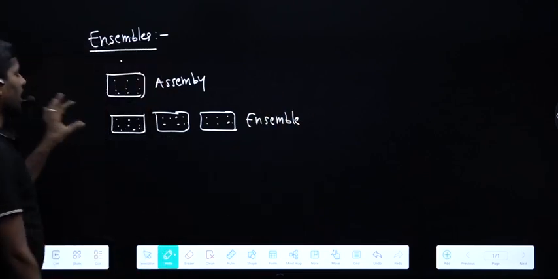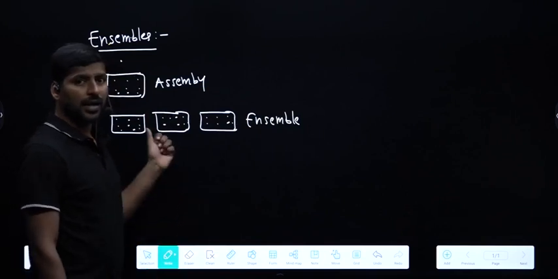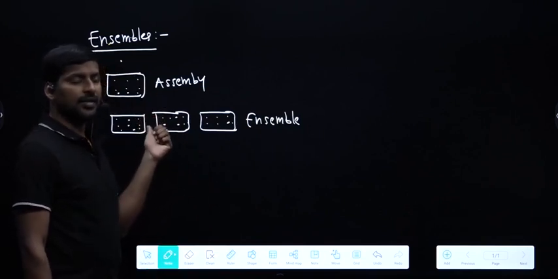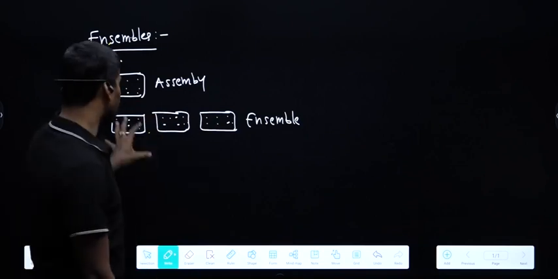A collection of imagined identical assemblies is called an ensemble.